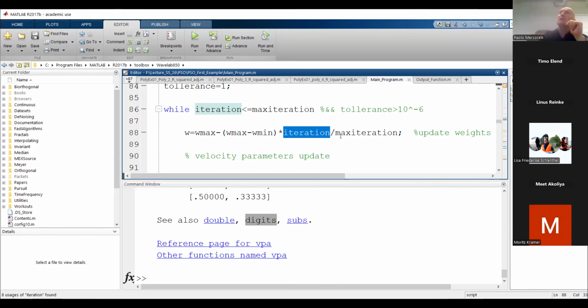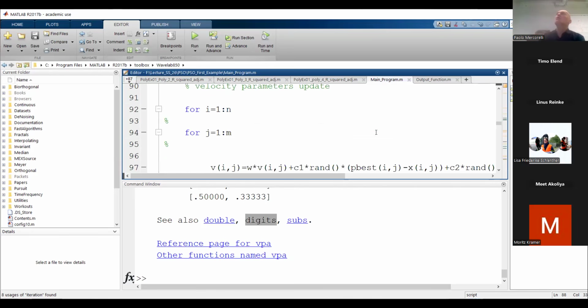And if iteration equals maximal iteration, we have Vmin. This means we reduce the contribution of V, the old velocity, over time. The reason is we try to converge in one point. This means we trust the work of the swarm in order to emphasize the exploitation phase over time. But about this we can discuss. Now, these two loops.